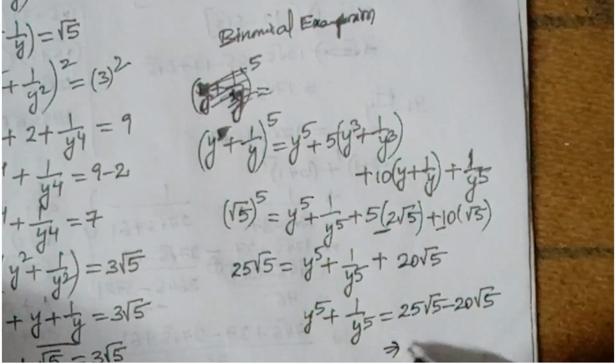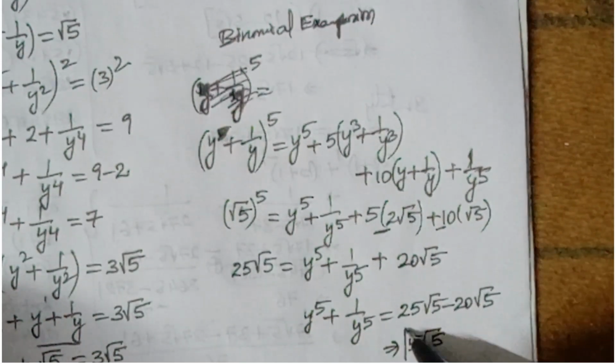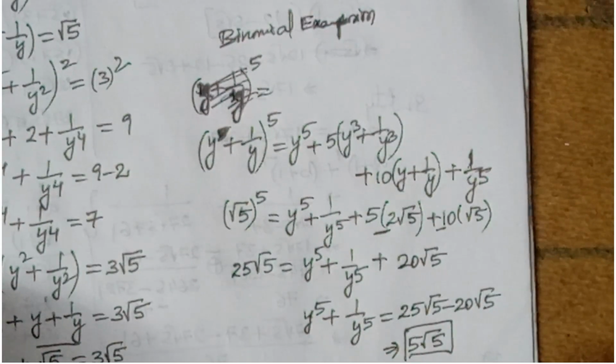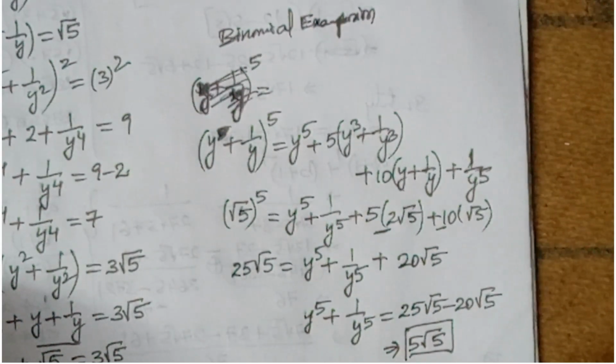So here you are getting 5 root 5. So therefore x to the power of 5 by 2 plus 1 by x to the power of 5 by 2 is equal to 5 root 5.